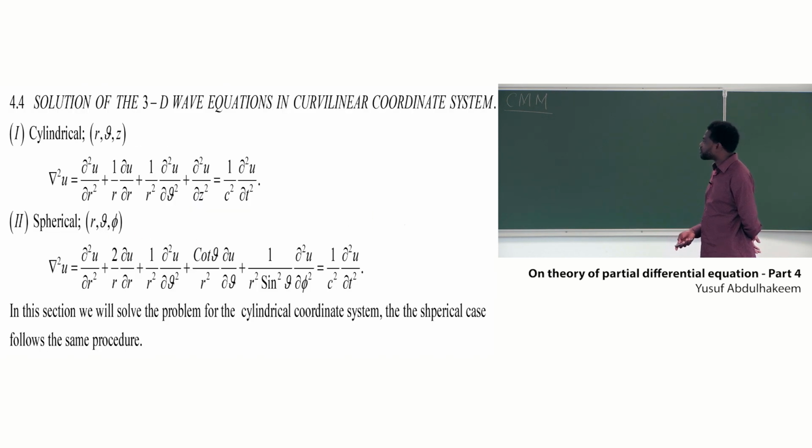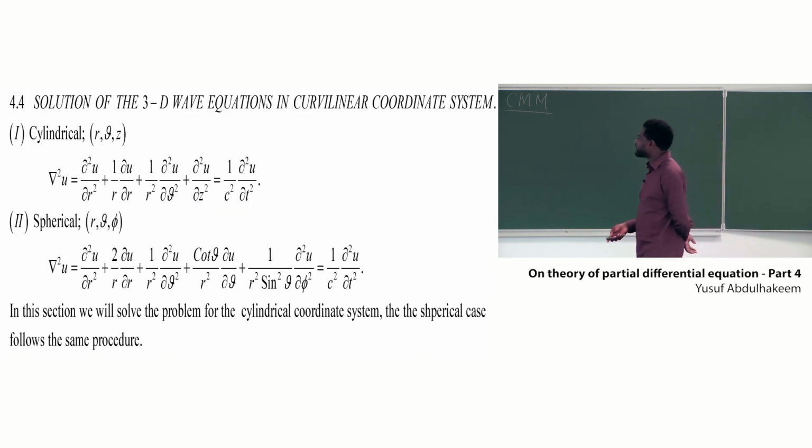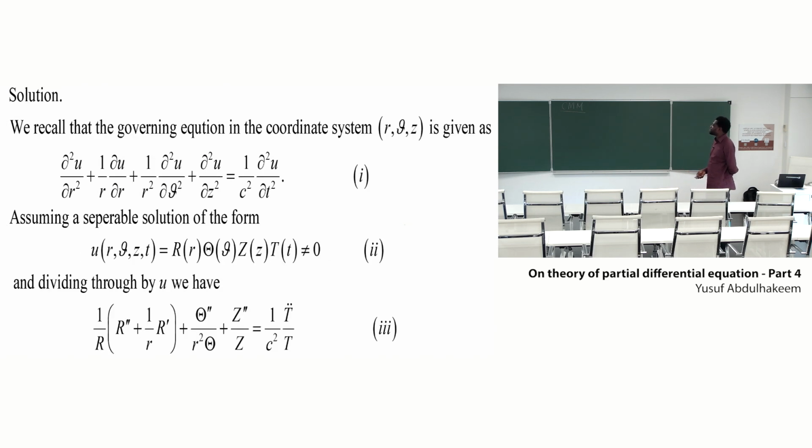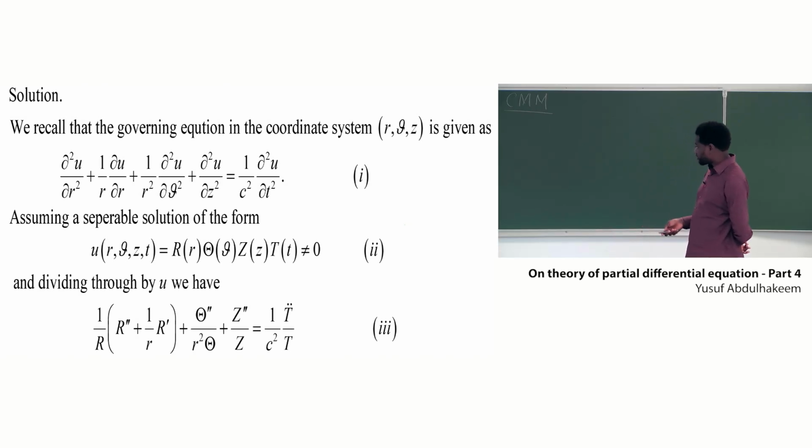Then also we look at the three-dimensional wave equation. We give this equation in both cylindrical and spherical forms, and then we solve the spherical form also. Then we move on by identifying the independent variables, so that we can assume the proper solution for the problem.